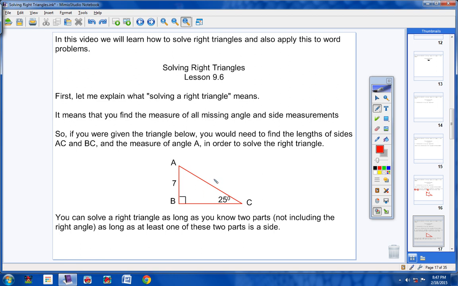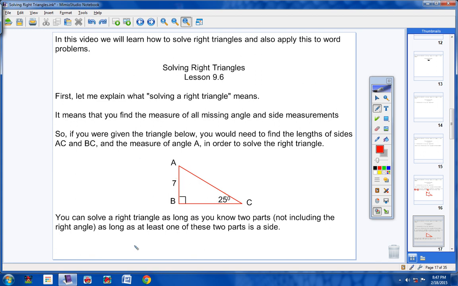Now, if I give you two sides, like 7 and 9, and there's no angles, you can definitely solve that right triangle because you've been given two parts, and at least one of those parts is a side, okay?